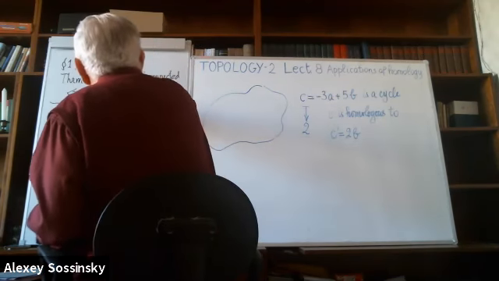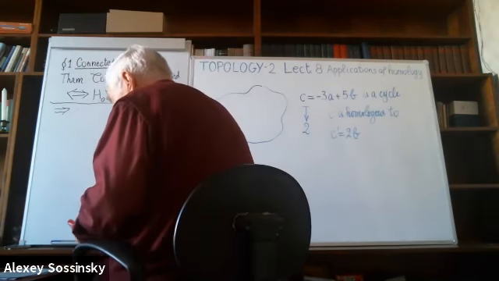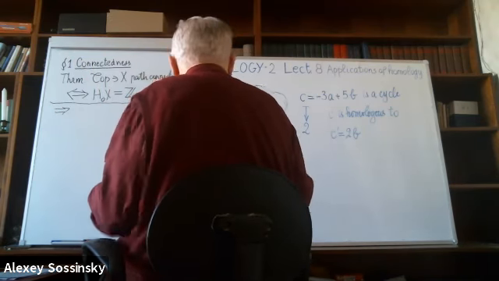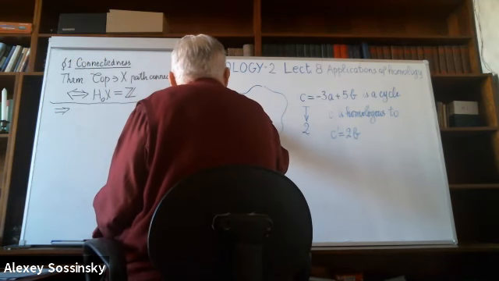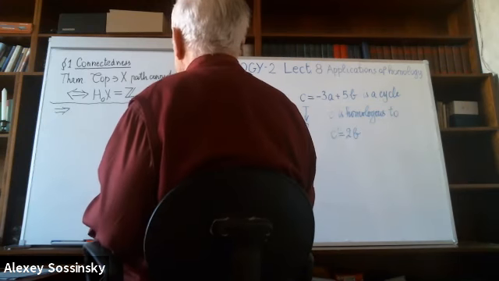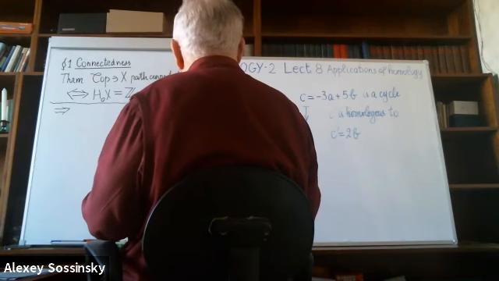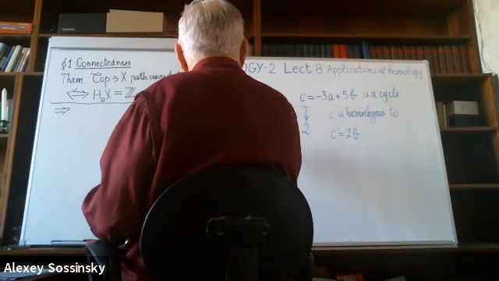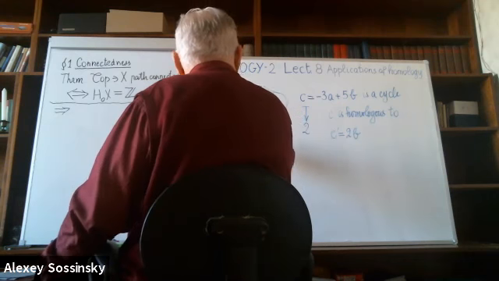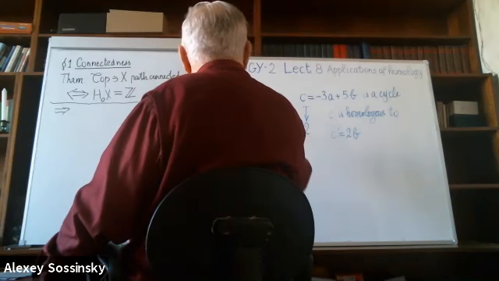We know that the zero homology group is Z. So we must prove that given any 2 points, A and B, there exists a path joining these 2 points. How do we do that? Well, we look at A and B as chains with coefficients -1 and +1.